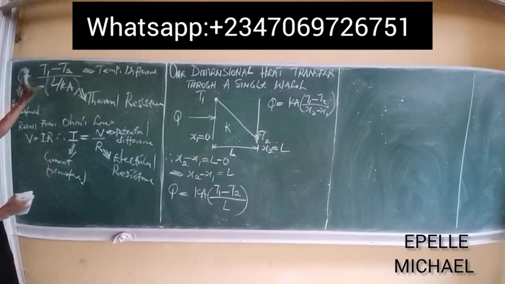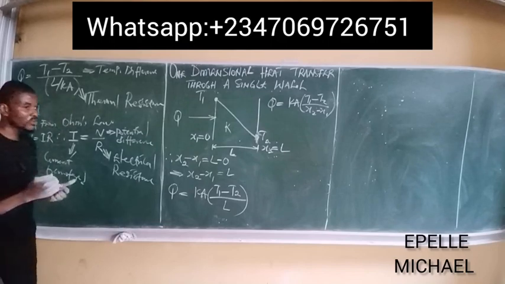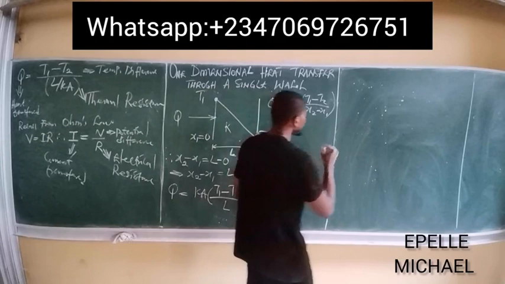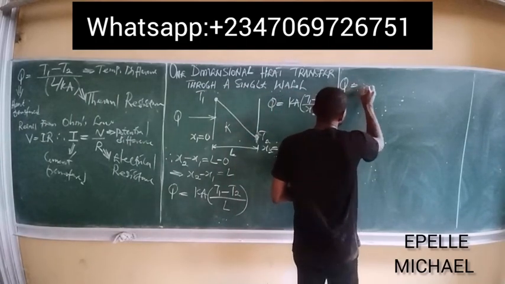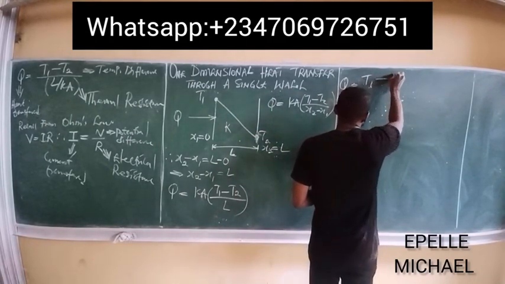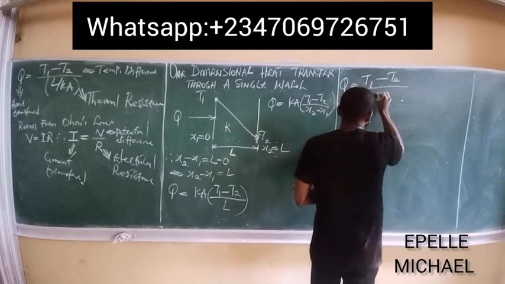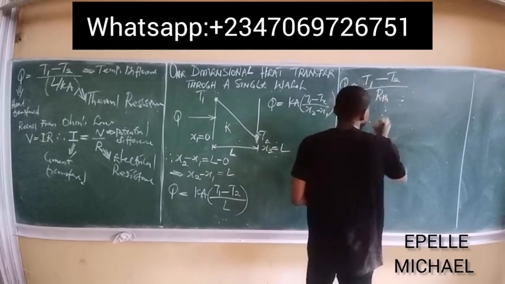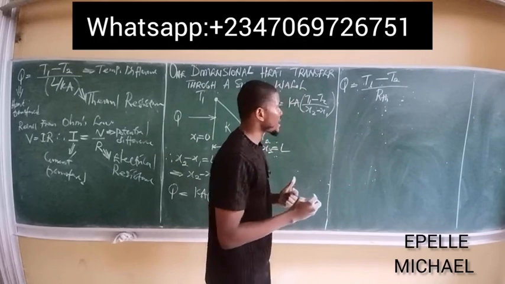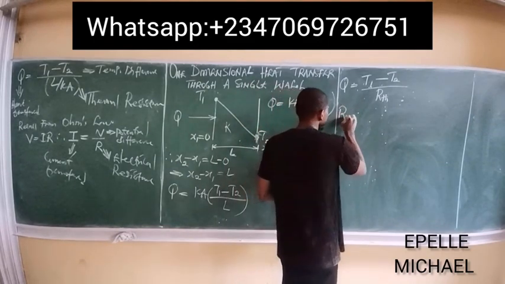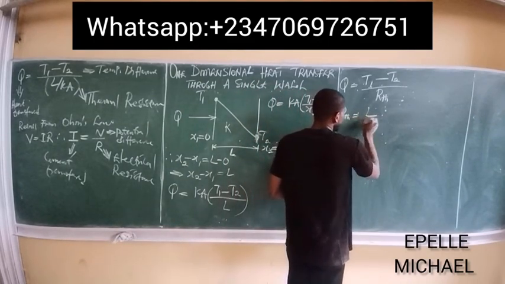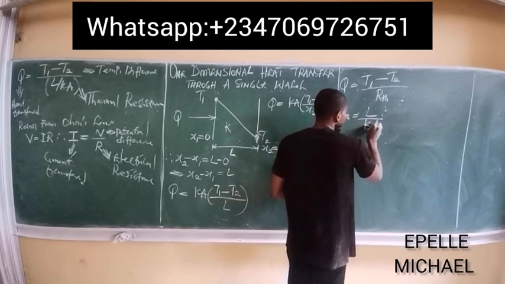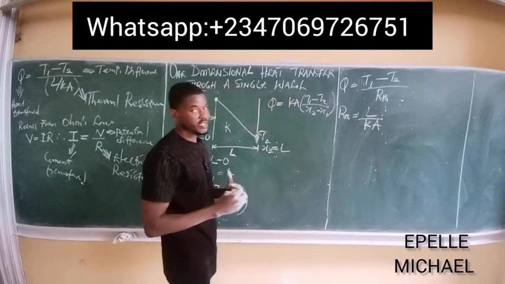So we can now rewrite this equation for heat transfer through a solid body as heat equals temperature difference T1 minus T2 all over thermal resistance RTH, where RTH itself is simply L over conductivity times area.